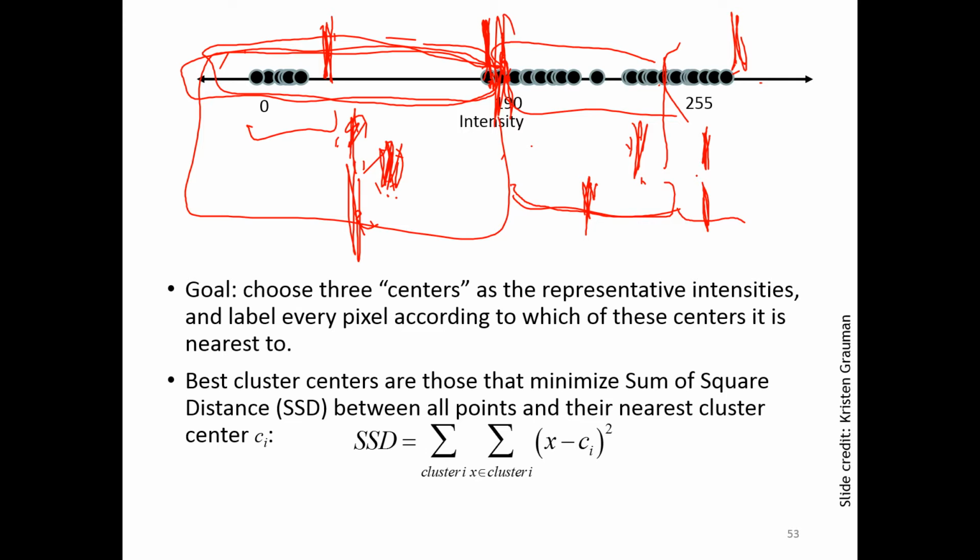As you can see, I can repeat this step. If I repeat it, next time I look at which point belongs to which cluster, it's pretty nice. Now this is the cluster center, and this is the cluster center.